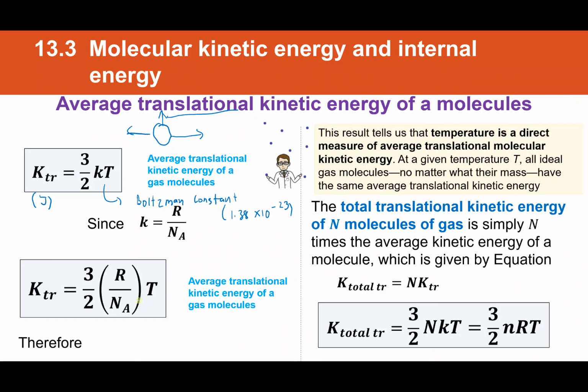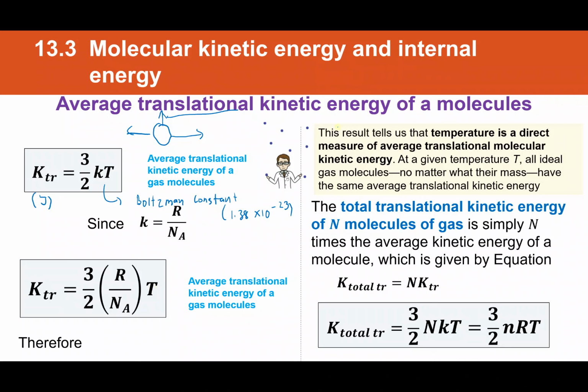Okay, then kita tahu the Boltzmann constant is equivalent to R over NA, okay, R ni adalah 8.31, NA ni adalah number of Avogadro, okay, Avogadro constant. So you boleh plug ini ke dalam ini dan kita ada the second equation for the translational kinetic energy, 3/2 R over NA times dengan T. Ini adalah average translational kinetic energy.